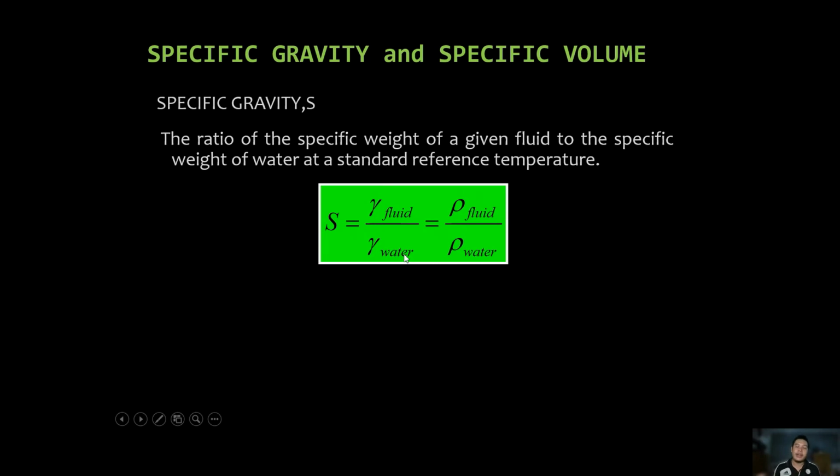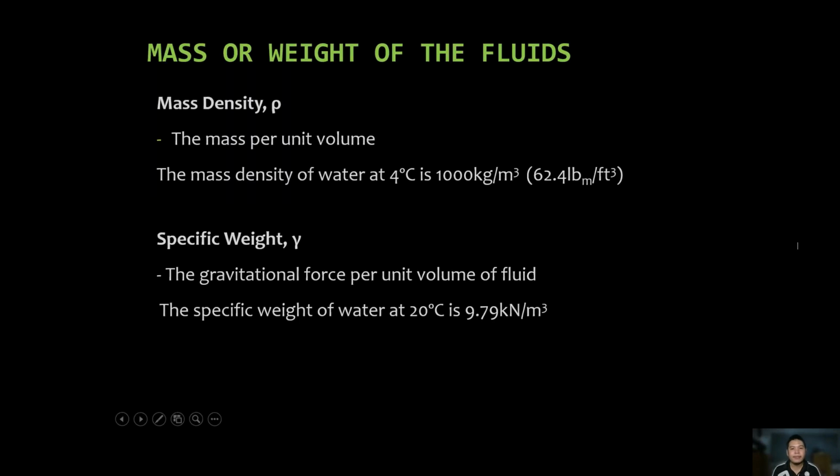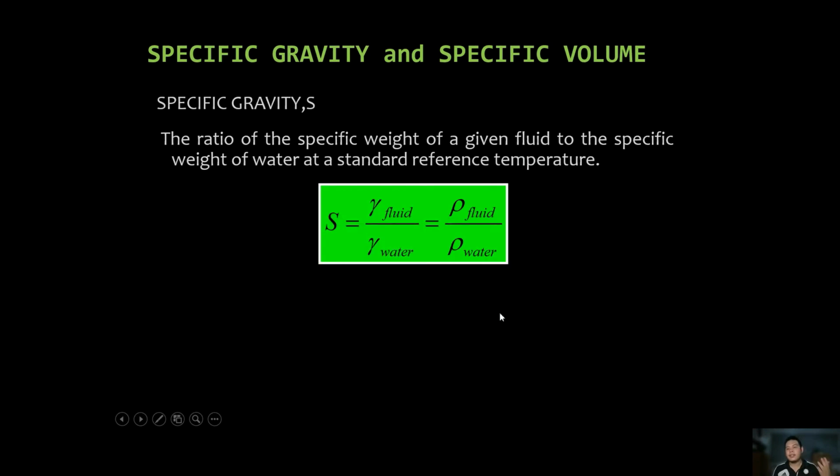We already know that the specific weight of water is 9.8 or 9.79, for example. And for density, it is the density of any fluid over the density of water.